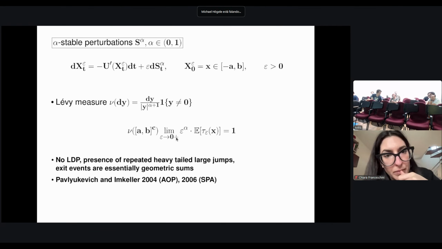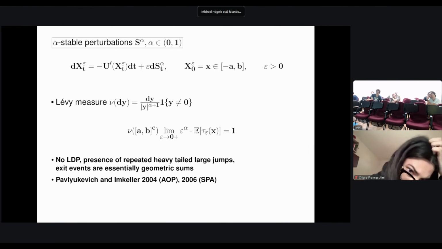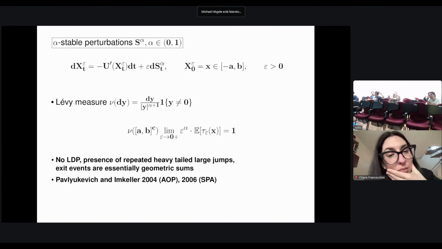It's a very different kind of behavior because we have the presence of large jumps. These jumps are heavy-tailed, and they are rather infrequent. Well, let's say they're frequent in the sense that the excursions of small jumps take much, much longer than the interruption by a large jump. What does it mean?